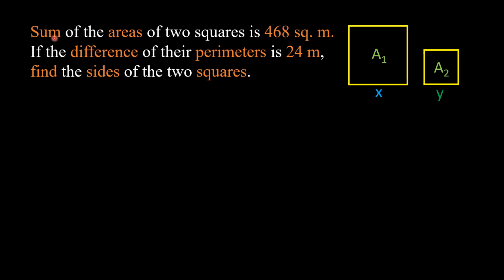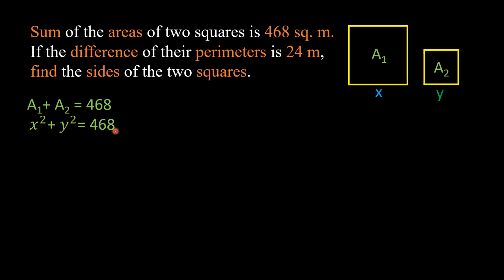Now according to the first condition, sum of the areas of two squares is 468 square meter. So we write A1 plus A2 equals 468. Now area of the first square A1 is x squared because its side is x. Area of the second, smaller square is A2, which will be side square, that is y squared, because its side is y. So we get x squared plus y squared equals 468.